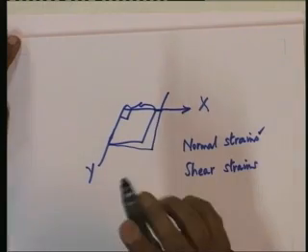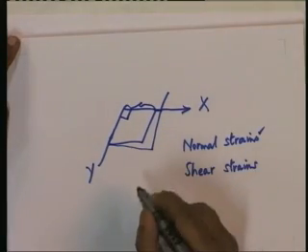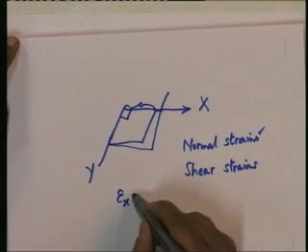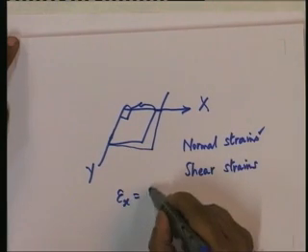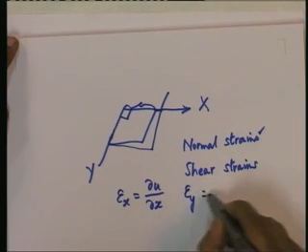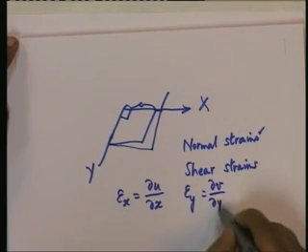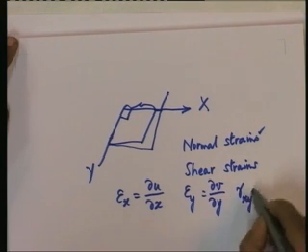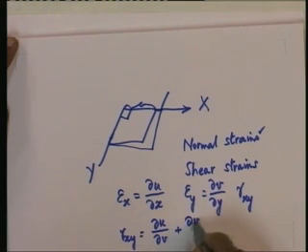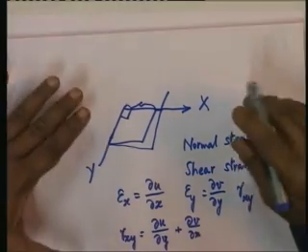For example, for one surface, for one plane x y, the normal strains will be one in the x direction, that is epsilon x equal to del u by del x, another in the y direction, that is epsilon y equal to del v by del y, and third one is the shear strain. The shear strain gamma x y is del u by del y plus del v by del x.